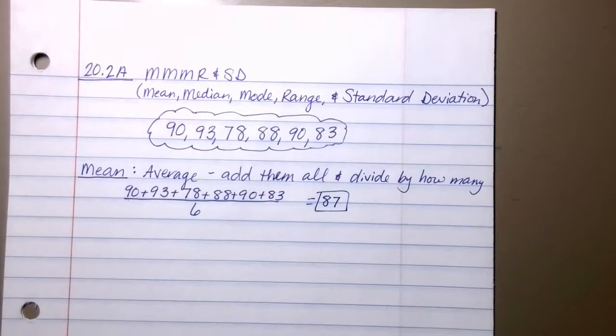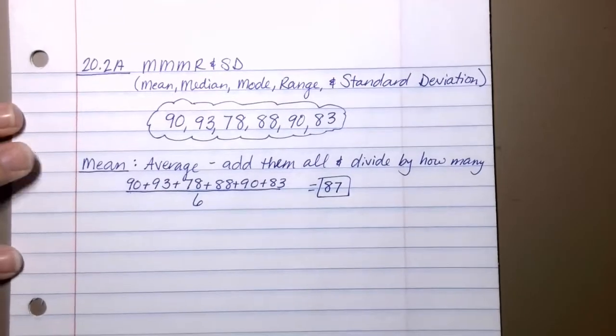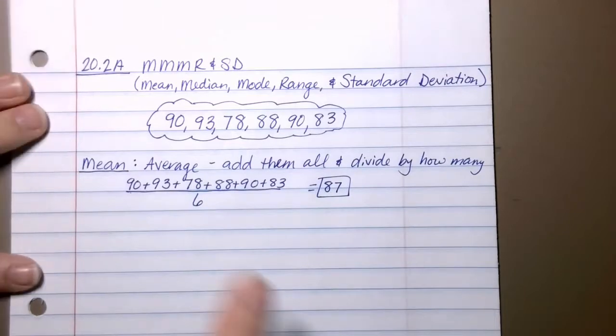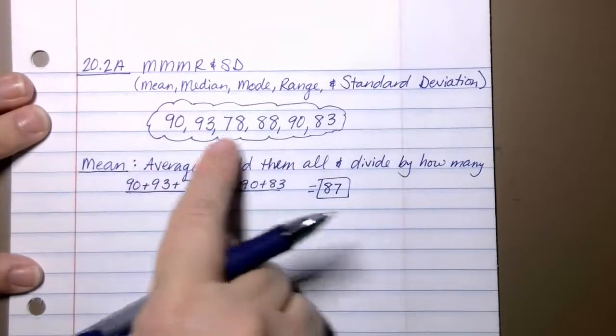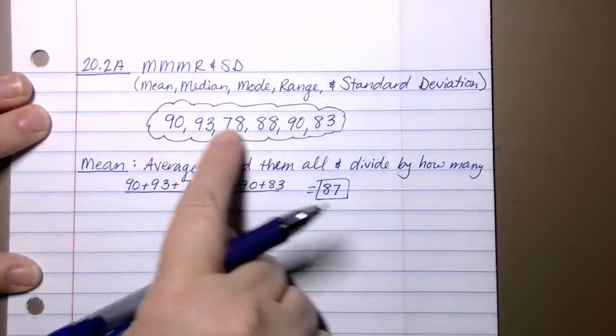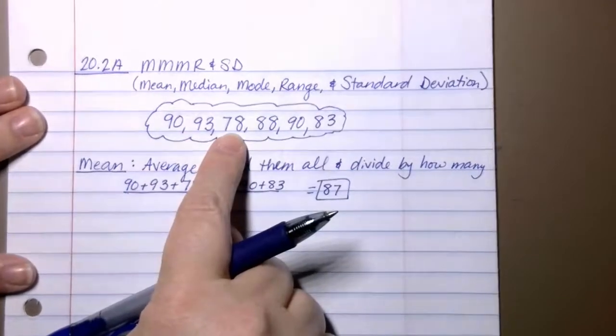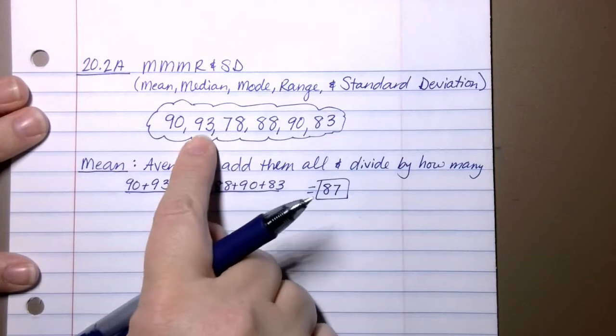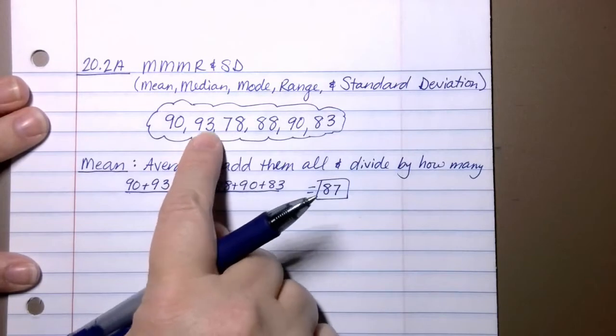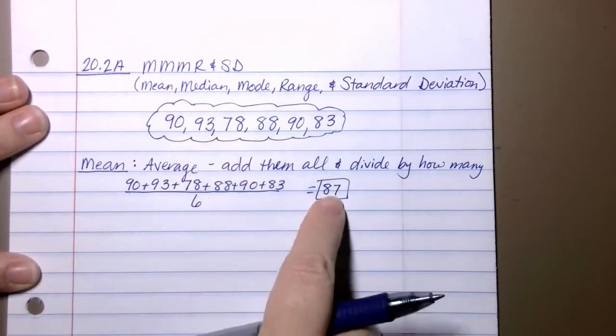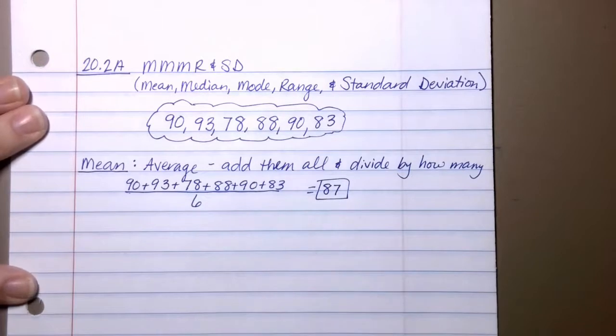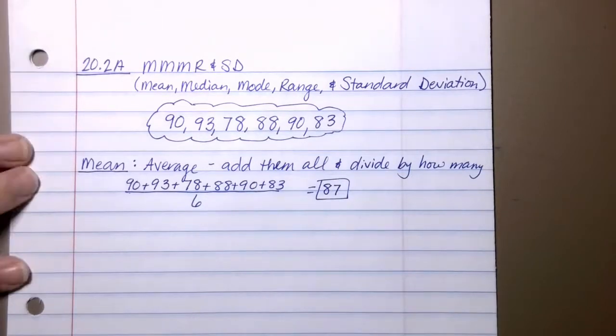It's a division problem, so you could totally get a decimal there. One thing that should be generally true is if the lowest one is 78 and the highest one is 93, my mean better be between 78 and 93. That's something I do need to make sure.